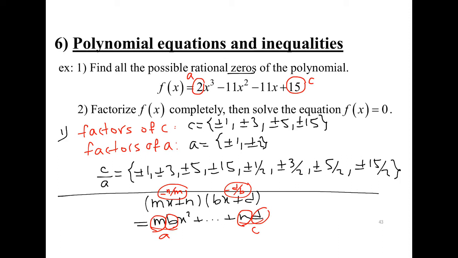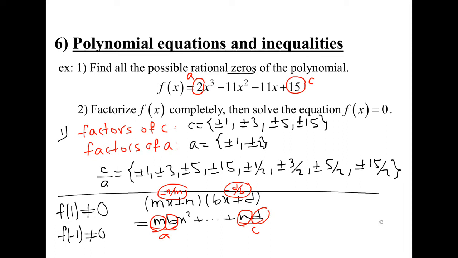So, if we replace x by 1, f of 1 is not 0. Therefore, x equal to 1 is not a zero of the polynomial, so we move on. We try f of negative 1. Then f of negative 1 is also different than 0, so negative 1 is not a root of the polynomial, and we move on. We keep on trying them until we reach a zero of the polynomial.